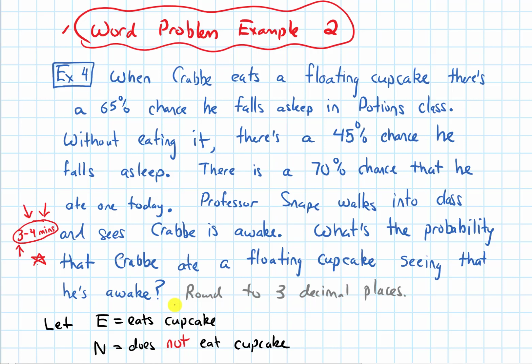And then there's also the matter of whether he falls asleep or he stays awake. So let S be he falls asleep, and let A represent the event that he stays awake.